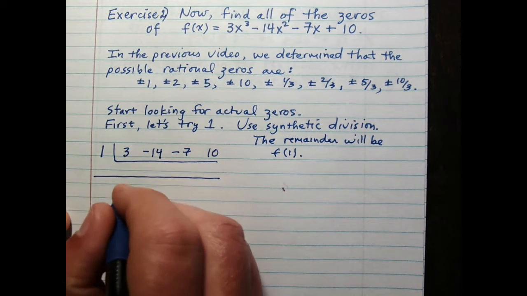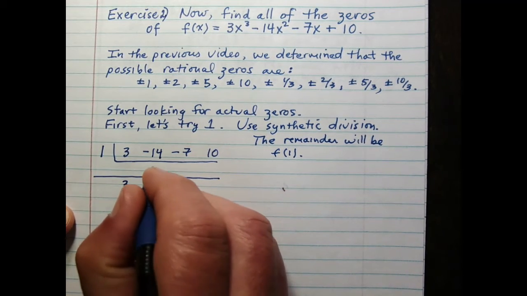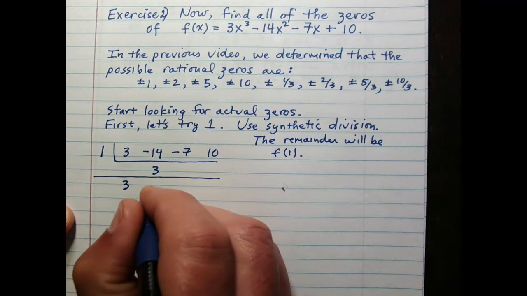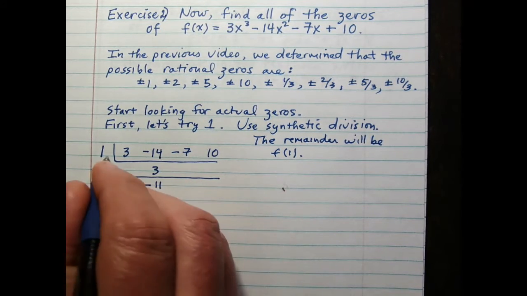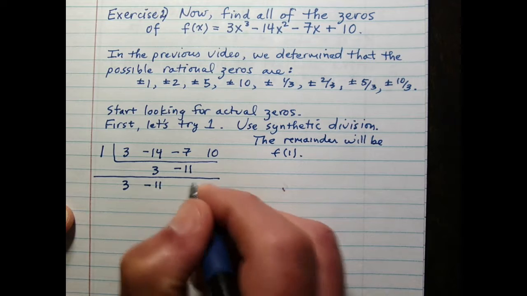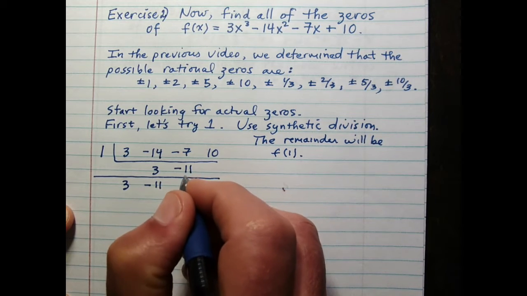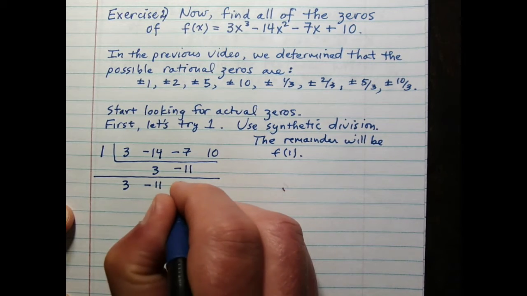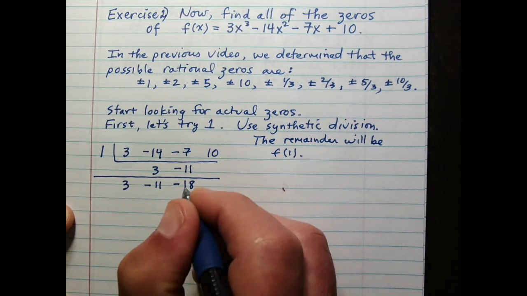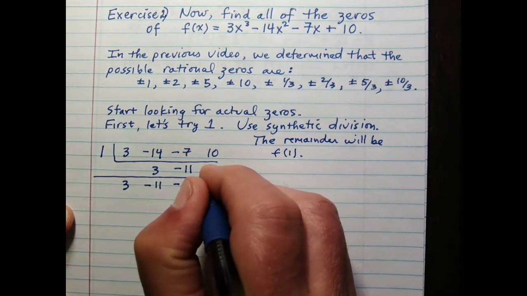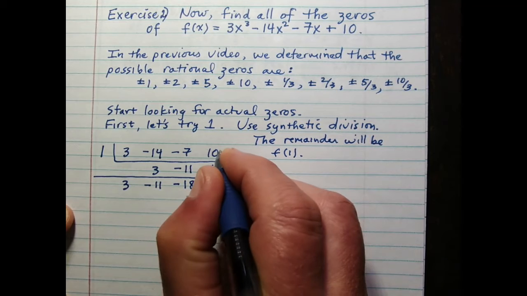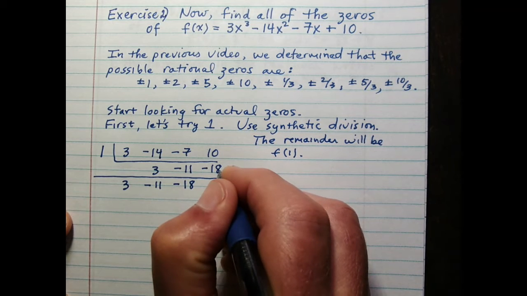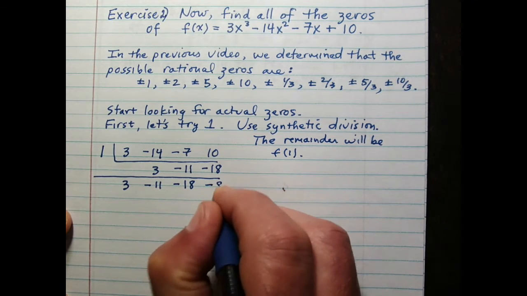So here we go. Bring down the 3. 3 times 1 is 3. Negative 14 plus 3 is negative 11. Negative 11 times 1 is negative 11. Add these two together, I get negative 18. Negative 18 times 1 is negative 18. 10 plus negative 18 is negative 8.